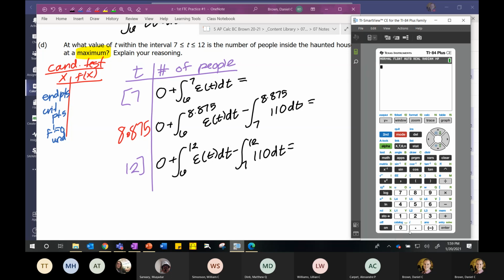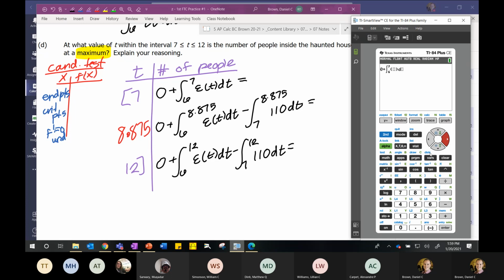At t equal to 7, I have 0 as my initial condition. Math 9. I want to find the number of people from 6 to 7. Instead of typing in E of t again, as long as I've graphed it, my calculator is now calling it y1, and I can select y1.